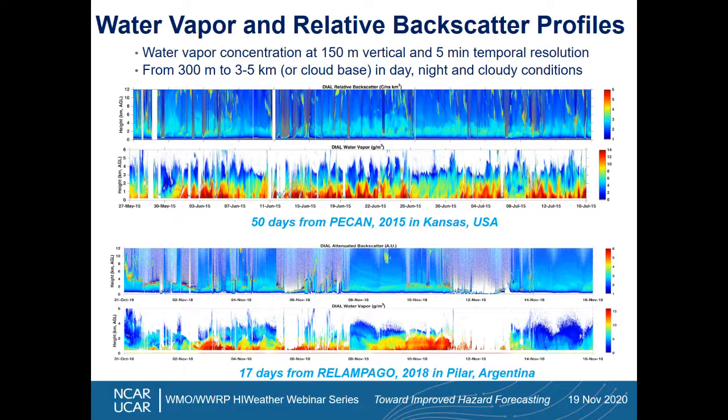But you can see that the systems were just operating continuously. We have over 95% uptime from both of these field campaigns. We just set it up and we tune it to the appropriate frequency, and then it just operates continuously in an unattended mode. You can see lots of variability in the magnitude and the depth of the moisture, and we're really excited about this new capability.